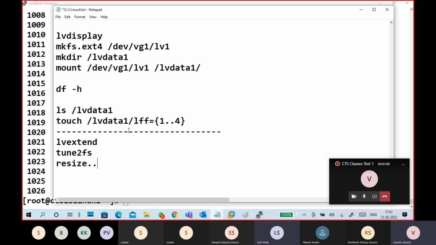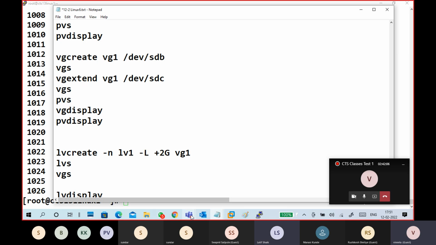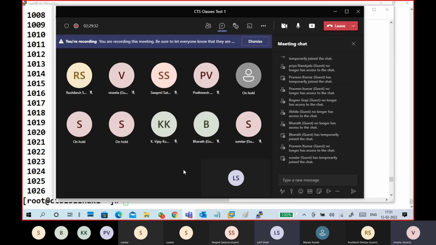I'm not going into that now, as it requires time and a lot of energy. We can extend your logical volume size. I created 2 GB, I want to increase to 3 GB. I can do it. I can reduce it also, I can increase it also, but I'm not doing that now. Guys, understand LV, logical volume.